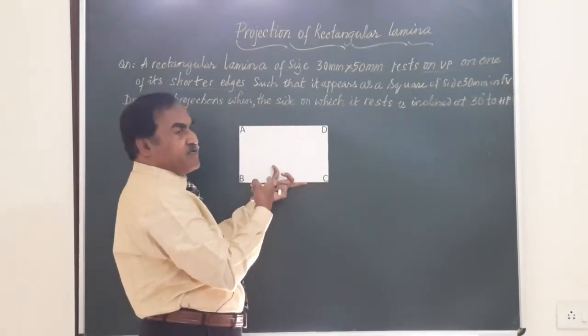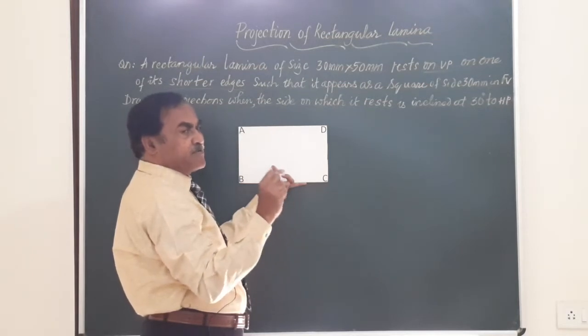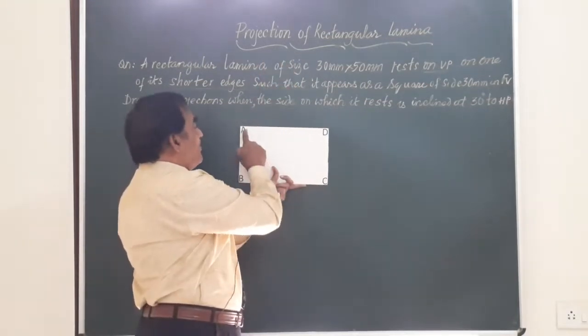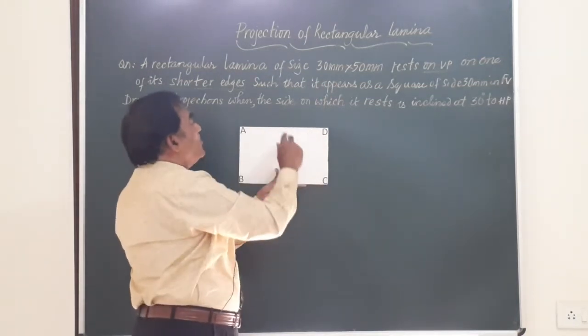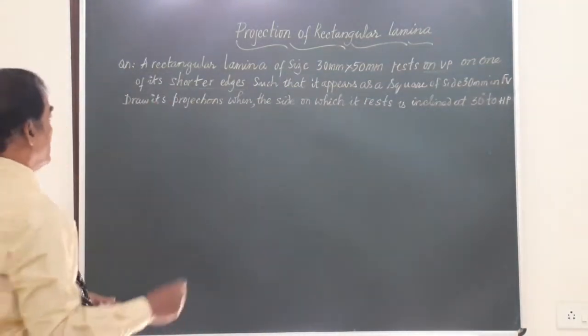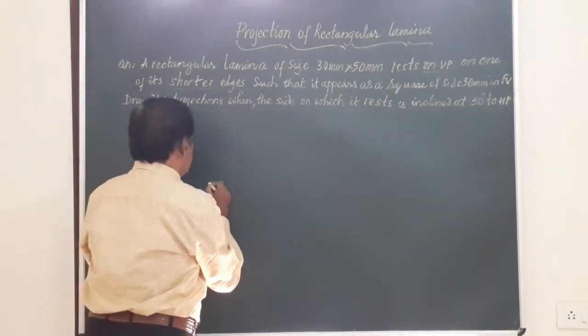Obtain the front view of the lamina, which is a rectangle of dimension 30 mm into 50 mm, and in the top view you get a line of length equal to AD or equal to BC, that is equal to 50 millimeter. So I commence the development of the projections by drawing the XY line.